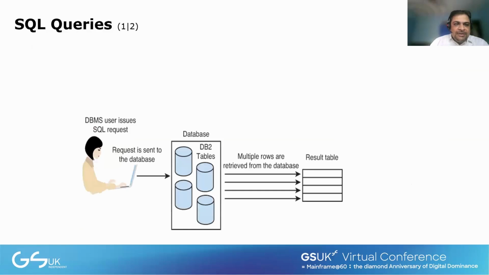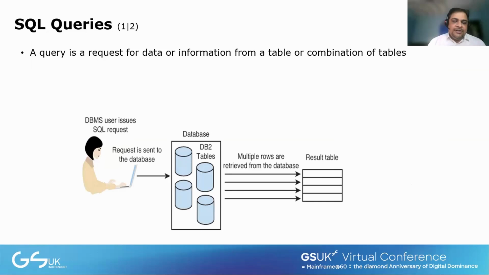So what are SQL queries? Here there is a person, it might be you, and you make a request, and that request goes directly to the database, which fetches certain rows, puts them in a table, and brings them back to you. It's very simple. A query is a request for the data or information you are seeking from that application, and at the end it goes to a table or a combination of tables.